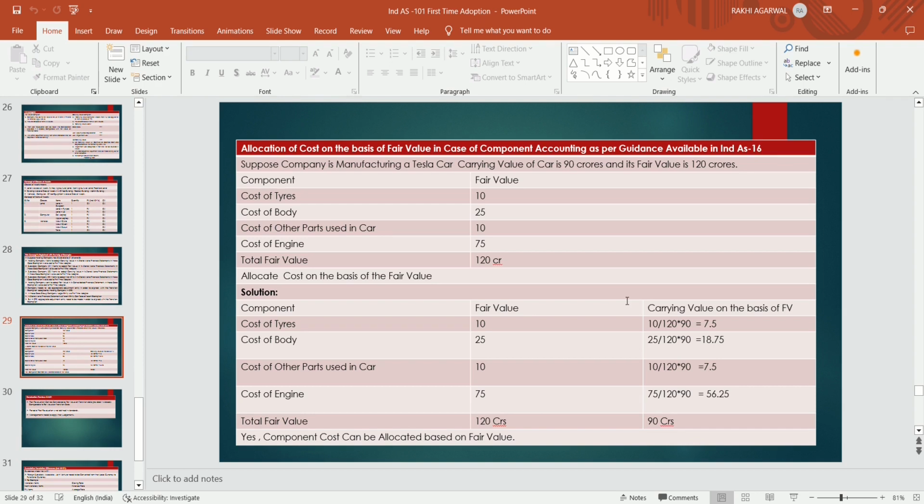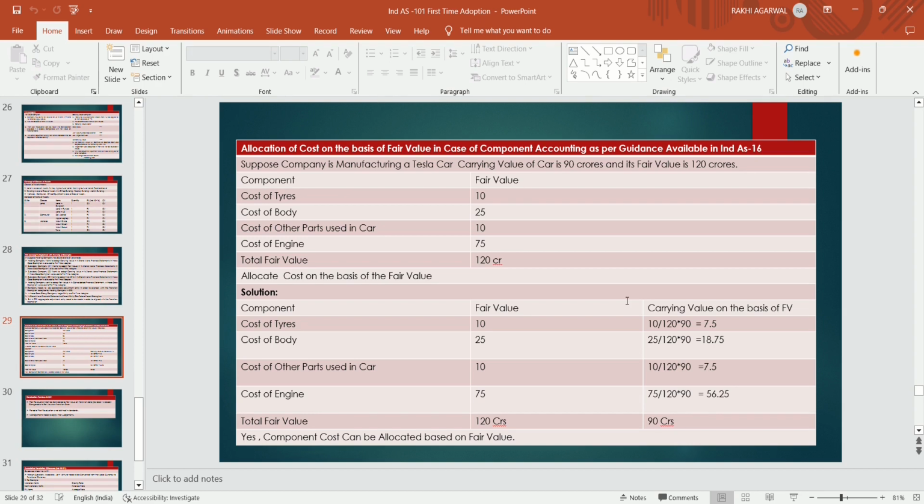Now there are components, and the fair value of each component is given: cost of tire is 10 crores, cost of body of the car is 25 crores, cost of other parts used in the car is 10 crores and cost of engine is 75 crores. Total fair value is 120 crores. Now allocate the cost, which is given as 90 crore, on the basis of fair value, which is 120 crore.